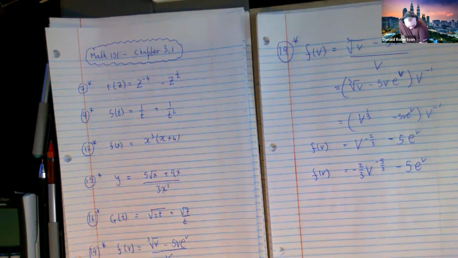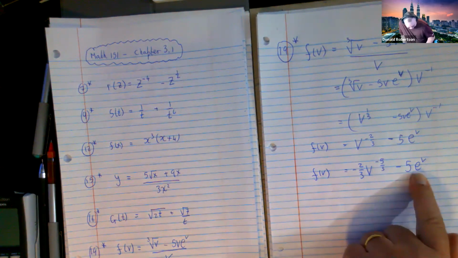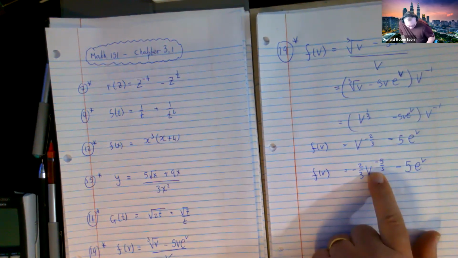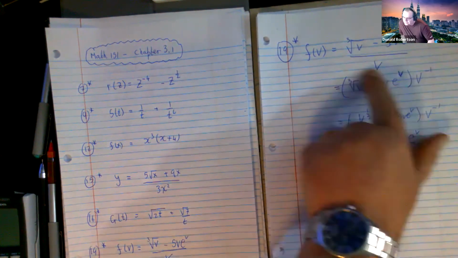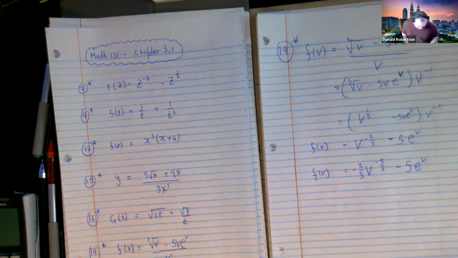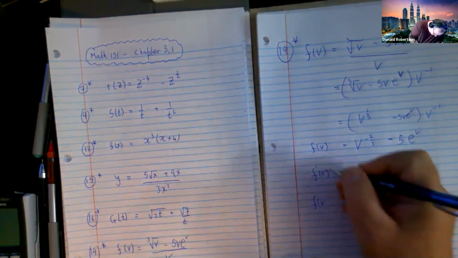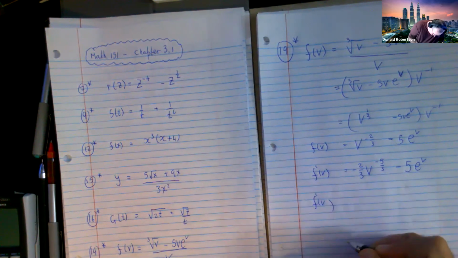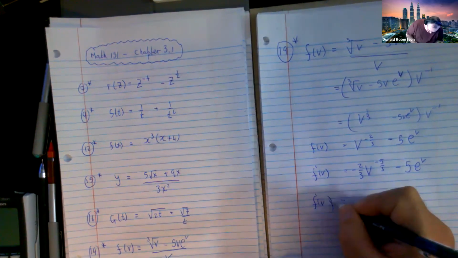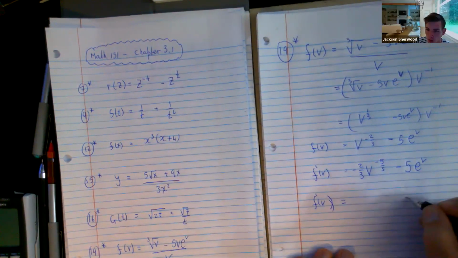Right, now style point. I like that. I don't like that. Why don't I like that? Because it doesn't look like this. So we need to fix it. This is okay.